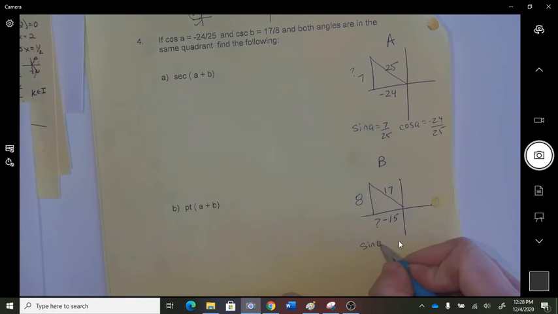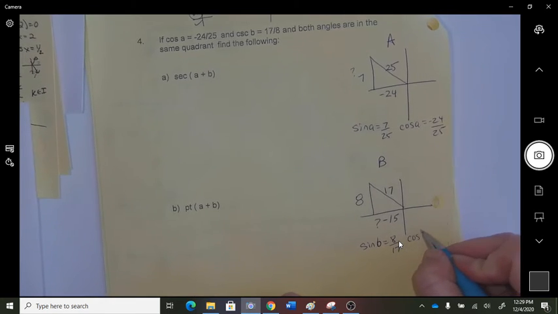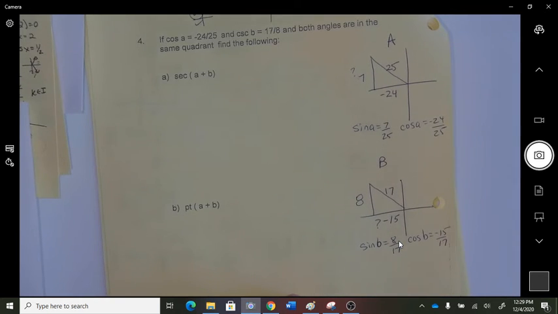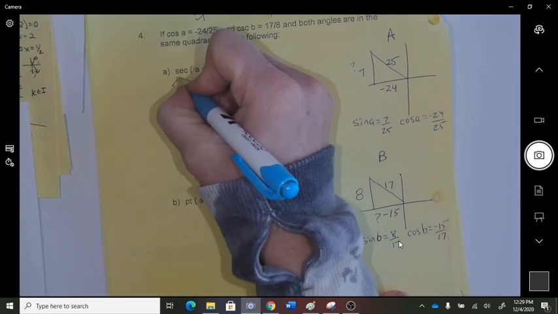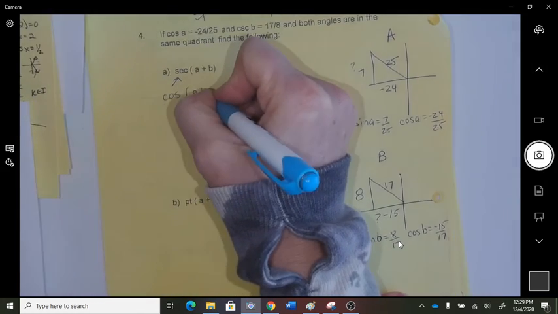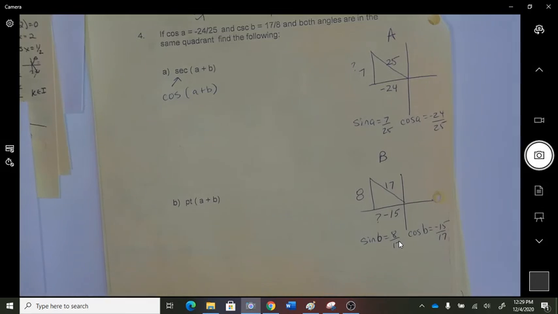So sine of B is 8 over 17, and cos of B is negative 15 over 17. So I have them all written out. Okay, to find the secant, I'm really going to do the cos, and then I'll flip it when I'm done.